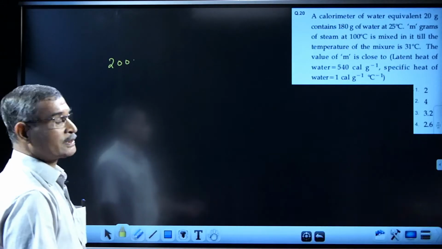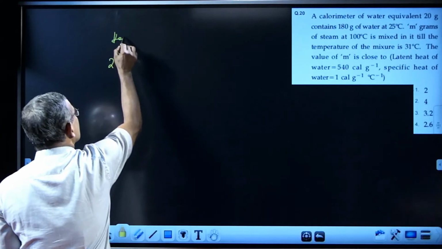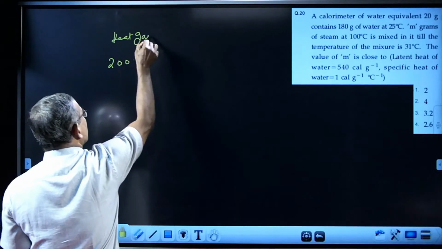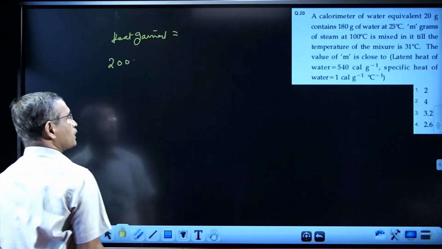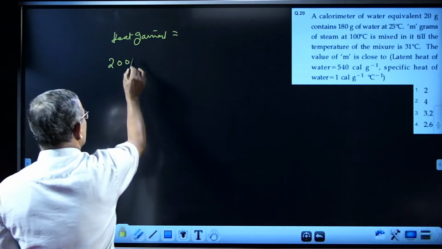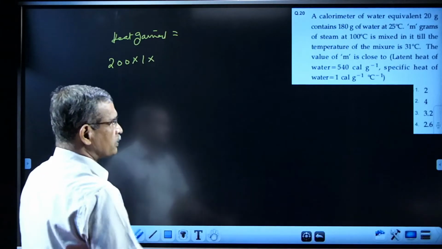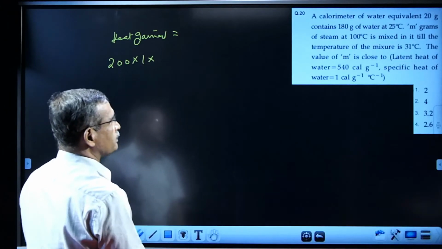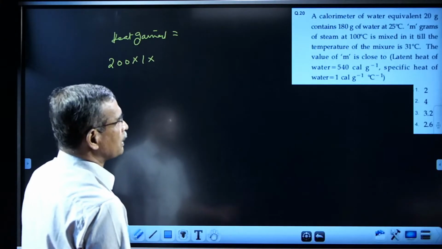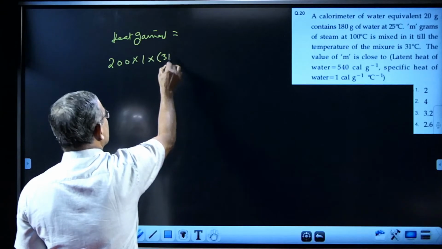Therefore, what is the heat gained by the calorimeter and content? m c delta theta: 200 into 1 into the rise in temperature, 25 becomes 31, so 31 minus 25.